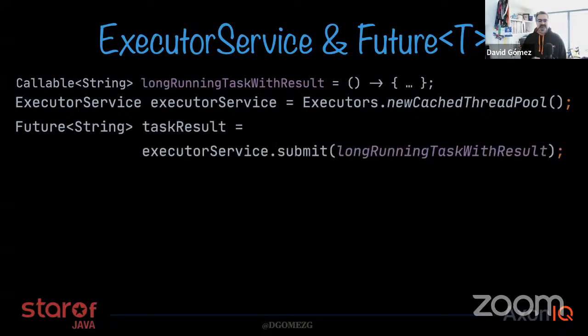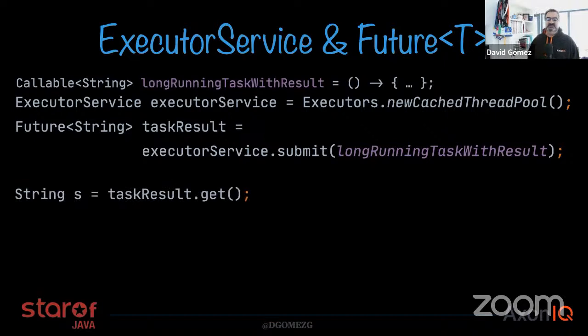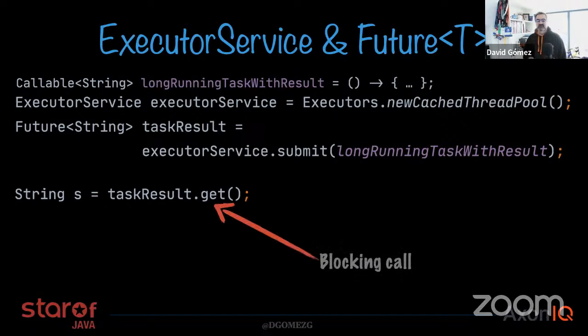So this Executor Service now can be used to submit our long-running task that returns a result, and this is going to return a future. This future contains the value of the result, and we can ask for the value of that result at any time. But the problem is that if we do that, the get method is a blocking call.